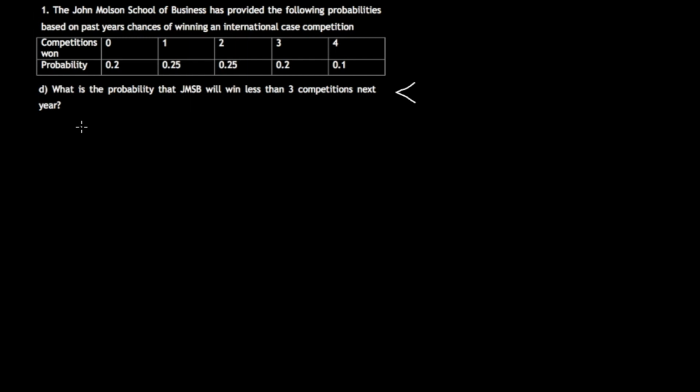So they want the probability that my outcome will be less than 3 competitions next year. Okay, so that does not include the 3. So here, let's do it this way. I think it'll be a bit more visible. So because I want less than 3, not including 3, it'll start from the 2 downward. Okay?